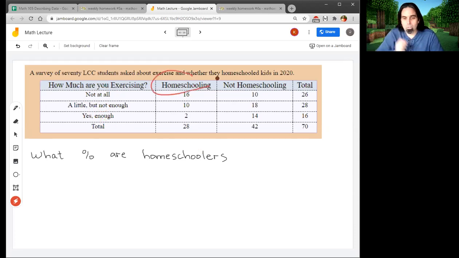So the homeschooling crowd was 28 people. And they split up their 28 answers in the 3 exercise categories. And you could look at things going down that way. You could also look at things going sideways. There were 26 people that said they weren't exercising at all. And some of them were homeschooling and some of them were not.